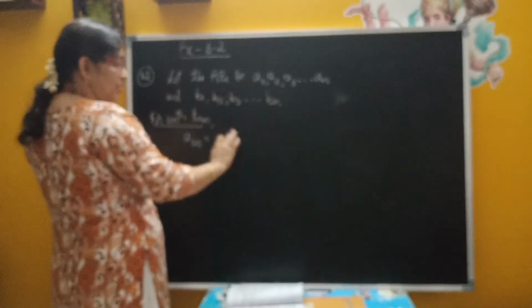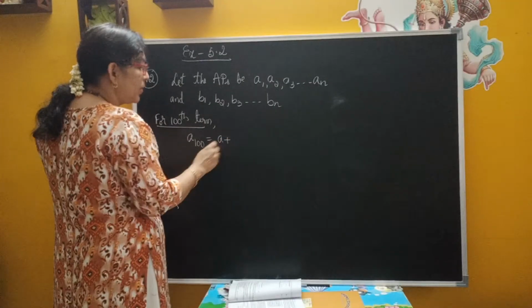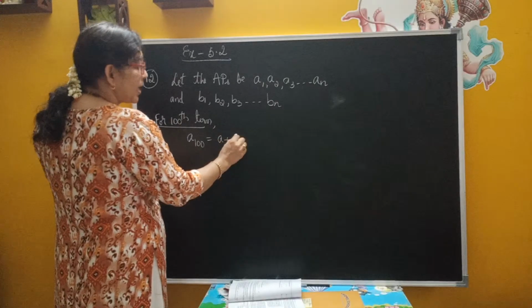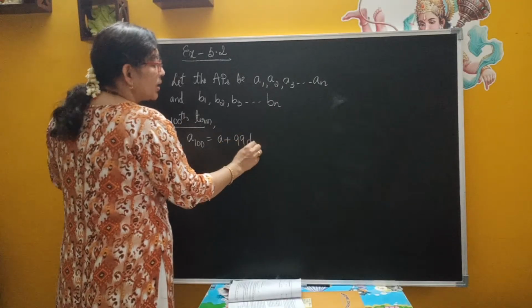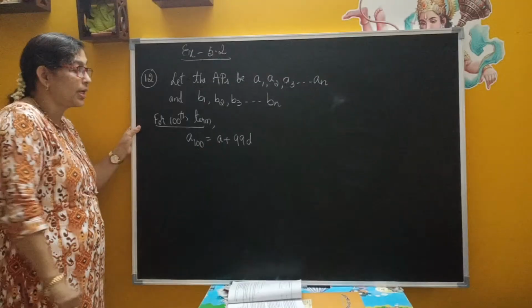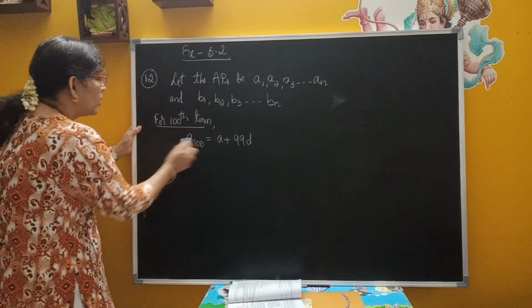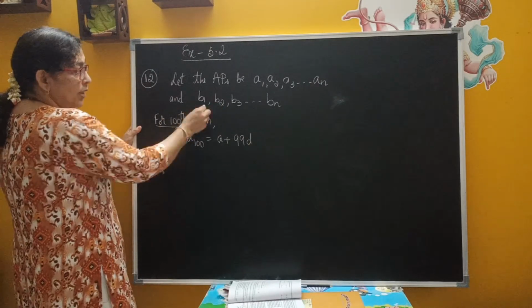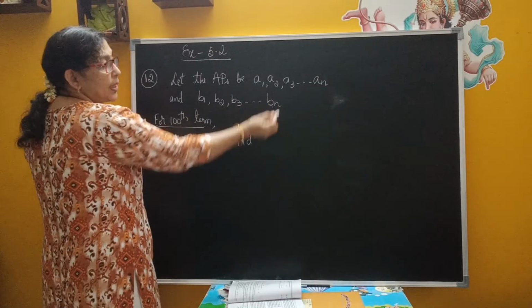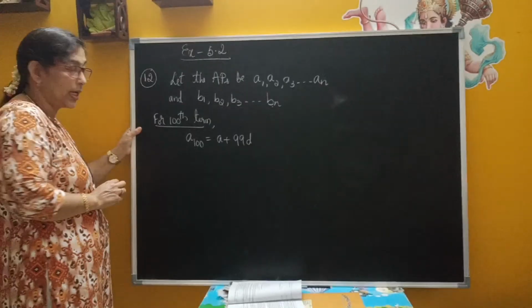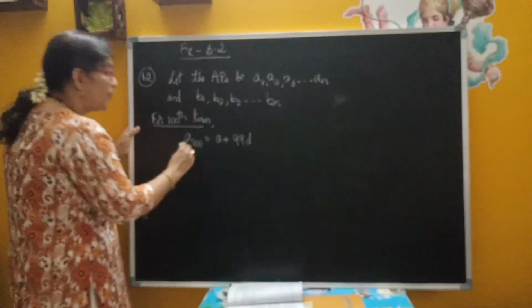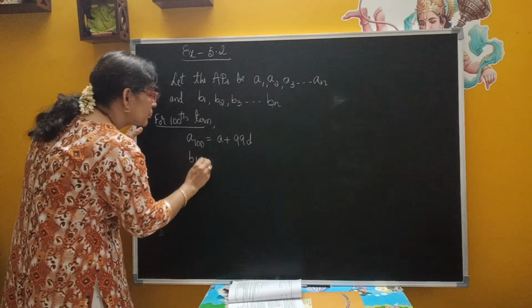The first term I consider as A1, as A, that is A plus 99D, since 100 minus 1 is 99. Then for the second AP, B1, B2, B3, etc., Bn are the terms of the second AP. So B100, how much?